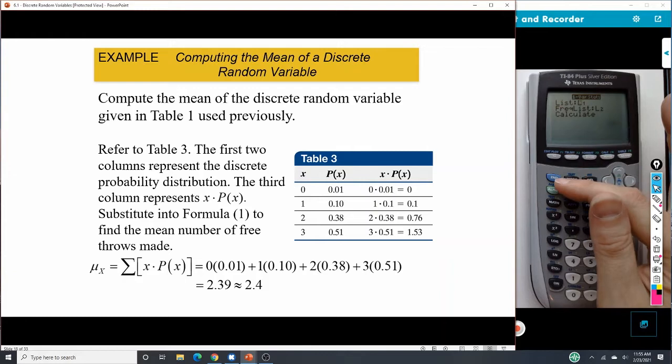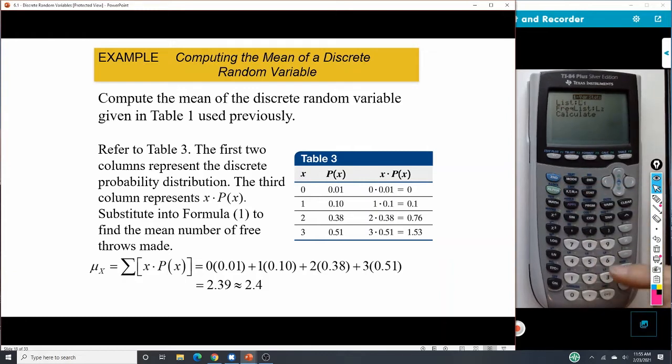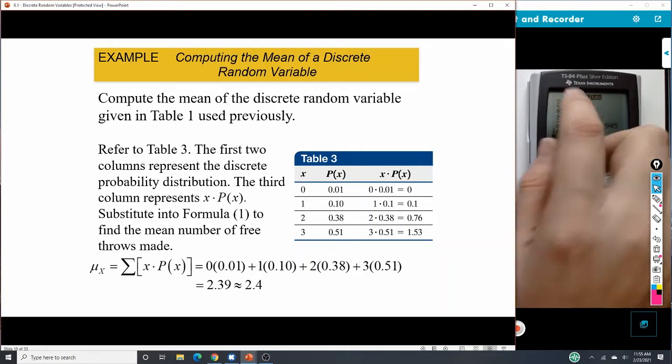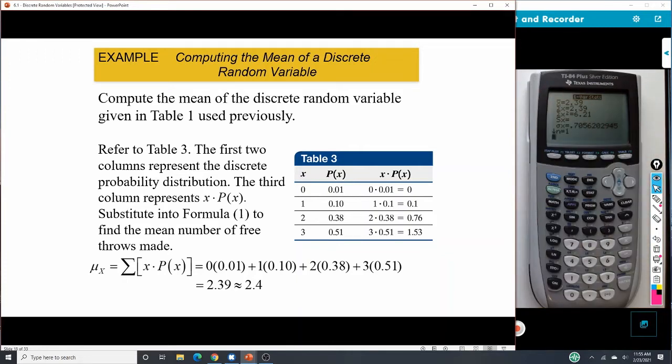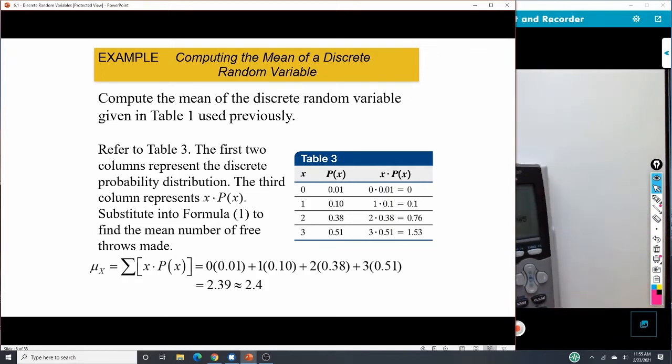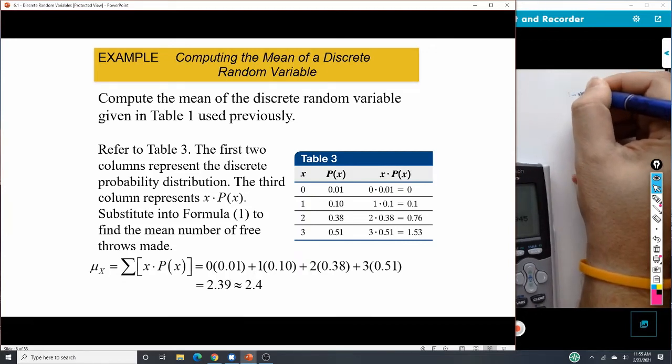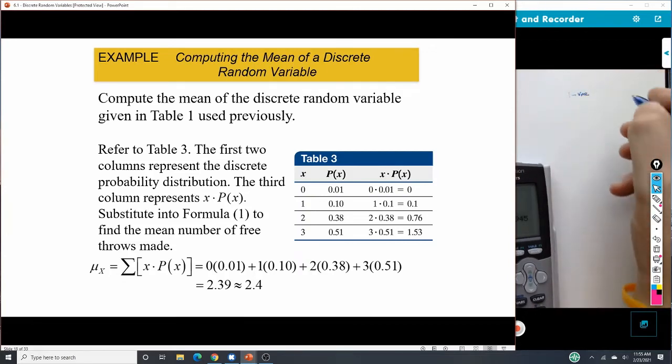So remember there to press second 2 to put L2 in. Mine already has it, so I'm just going to go to calculate, and we can see right up there our x bar, our mean, is 2.39, which is what they have. Now, again, for those that have the 83, you need to do where it says 1-Var Stats on your screen, or var stat.